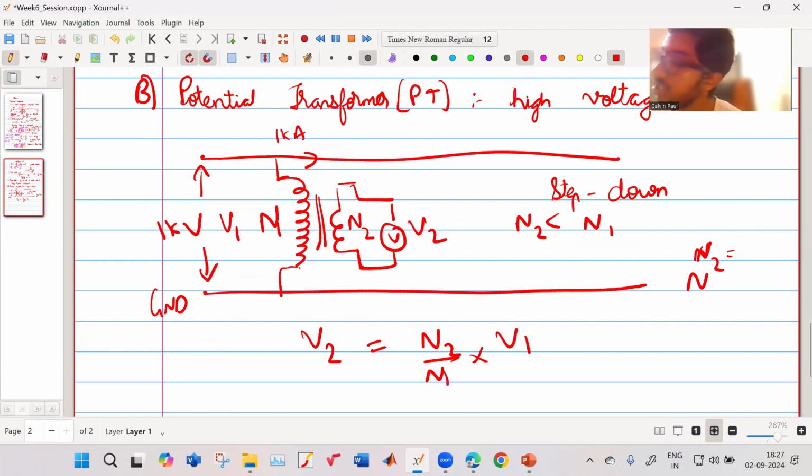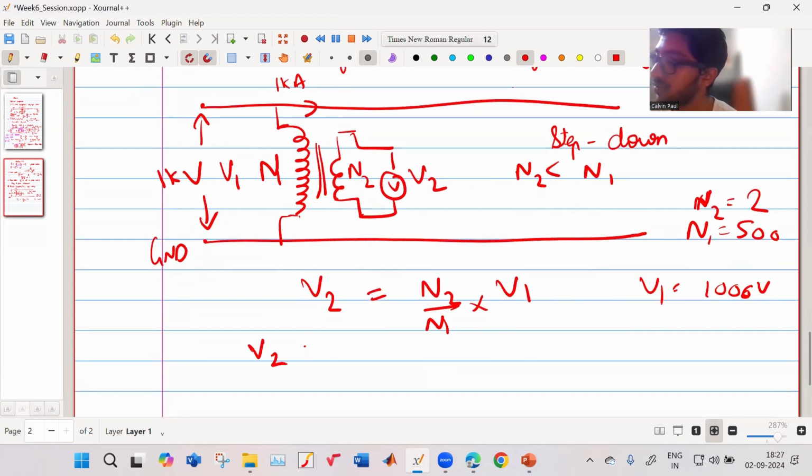Let us consider my N2 is 2 and my N1 is 500. And my V1, we know it is 1000 volt. So what will be my V2? Four. Yes. So my V2 will be equal to 4 volt.